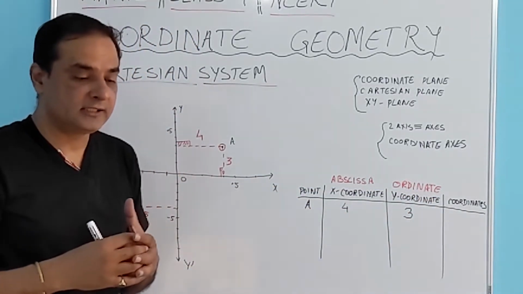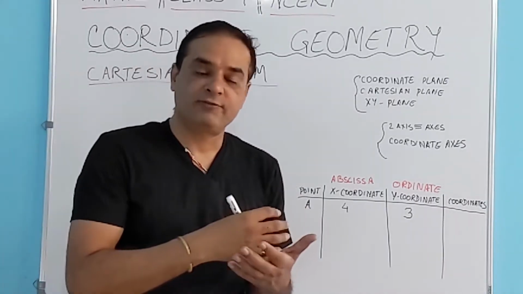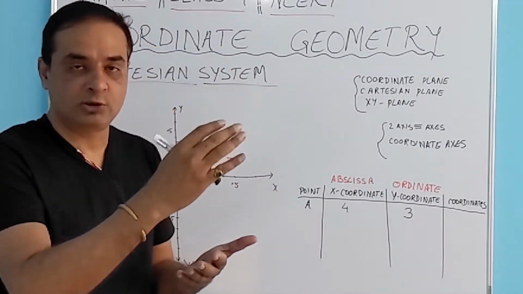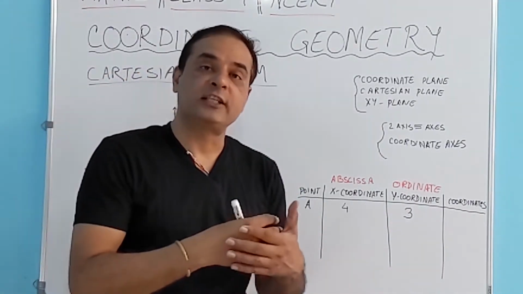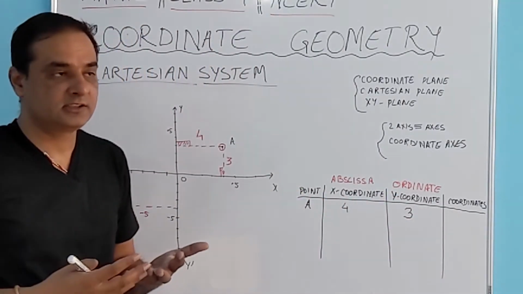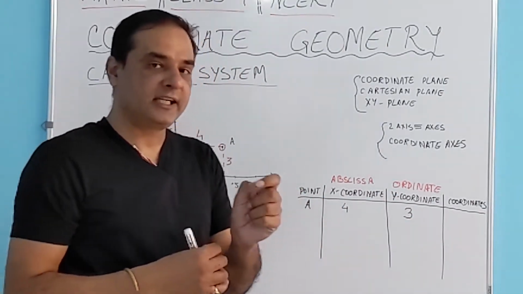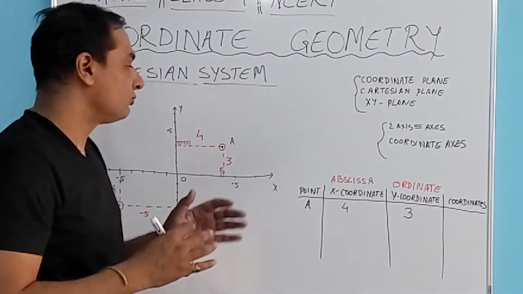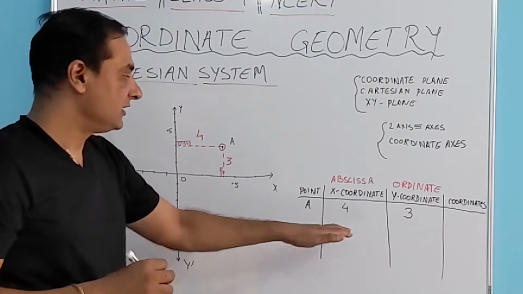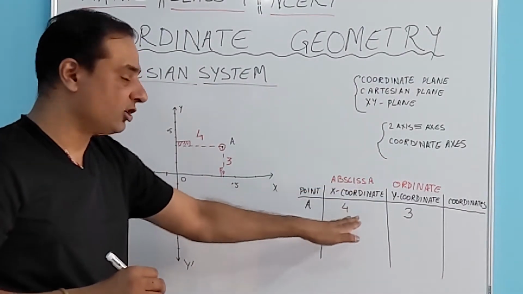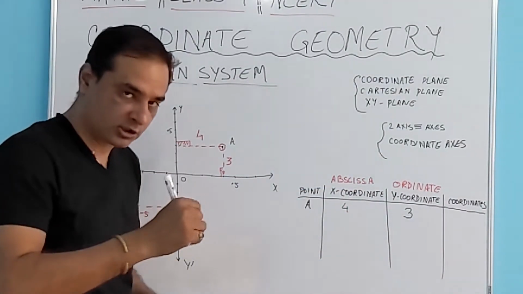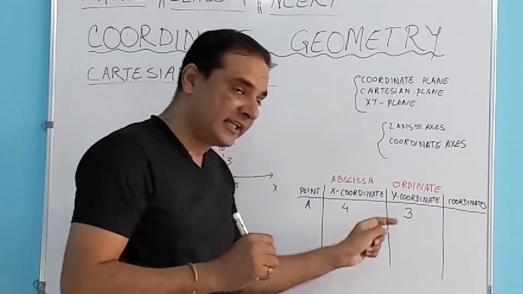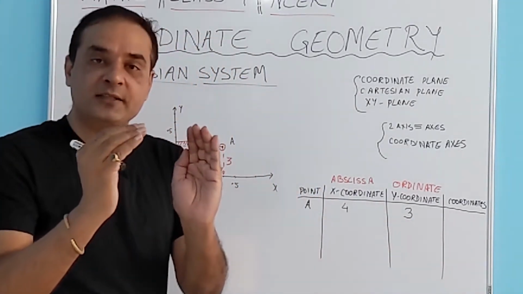So how do we actually denote this? If you are writing say point A location and point B location, there could be say 10 points or more than 10 points. How do we write that location which is short enough to write and understand? So what we do is we always write the abscissa or x coordinate first, then we put a comma and then we write the y coordinate and then we put that in a bracket.